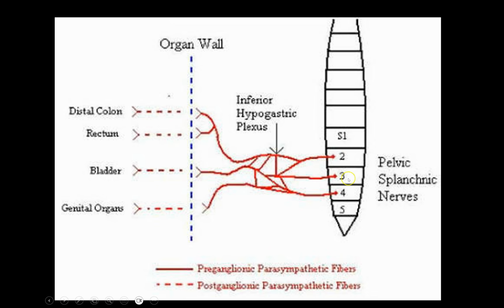So S2, S3, S4 give long preganglionic fibers and short postganglionic fibers, relaying in ganglia near the effector organs, and it is called the pelvic splanchnic nerve. For the sympathetic we have a series of splanchnic nerves, and another one for the parasympathetic, which is the pelvic splanchnic nerve, supplying the distal GIT, bladder, and genitalia.